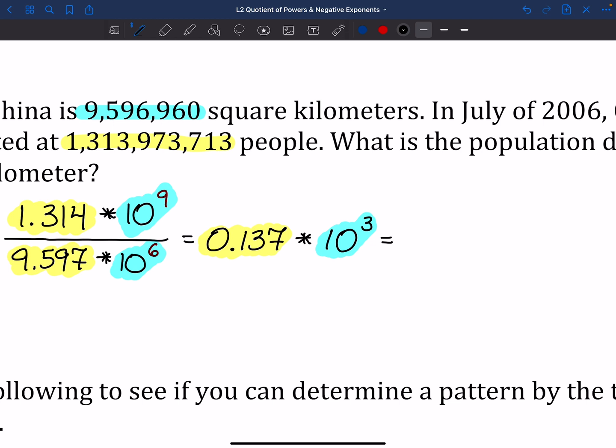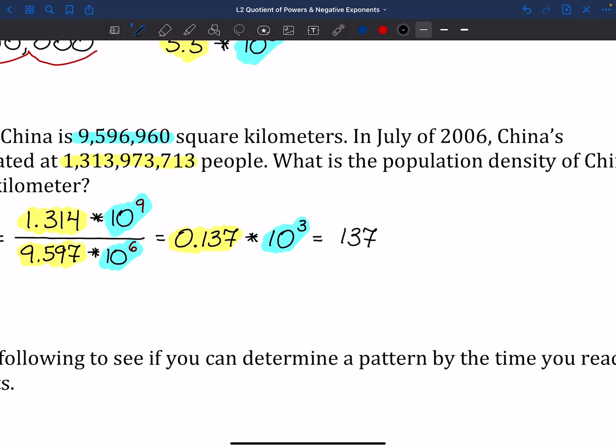So from here, again, to get our answer, we can do it 2 ways. We could type this right into the calculator, or like I was saying, this 3rd power means that I could just move my decimal point 3 spaces back towards the right. So 1, 2, 3. If I move my decimal place 3 spaces over, I'm going to end up with just 137.